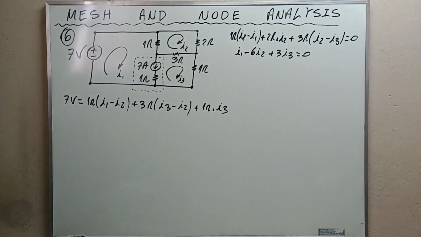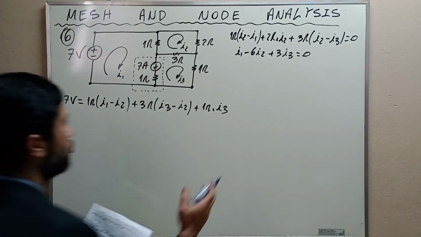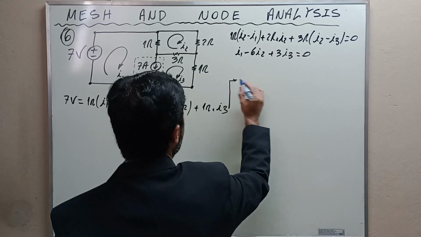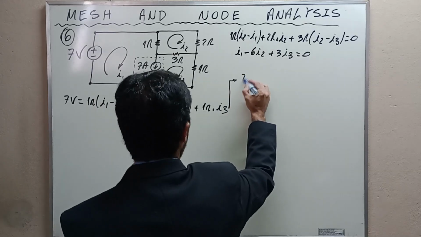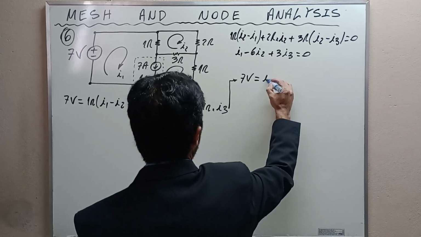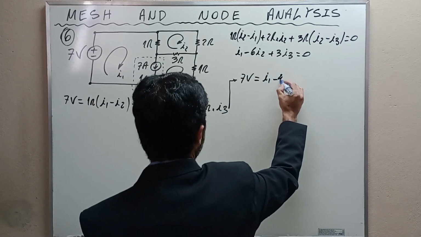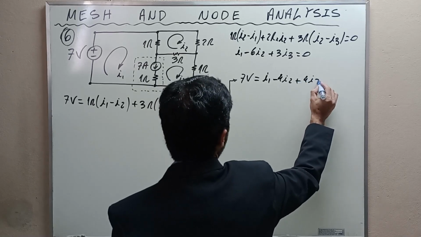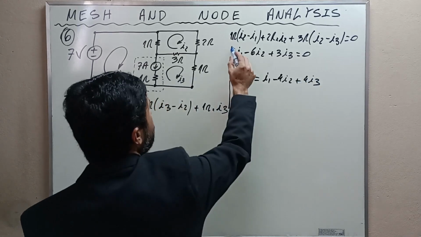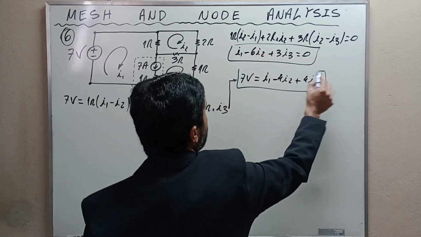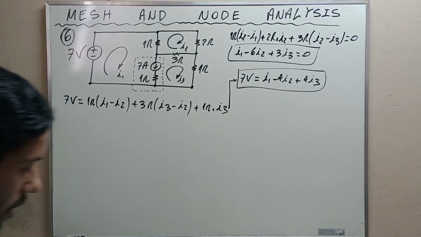And if we simplify, we find that it is equal to, I'm going to store it here, 7 volts is equal to I1 minus 4I2 plus 4I3, okay? So these are the equations that we are working with, okay? Store it there.